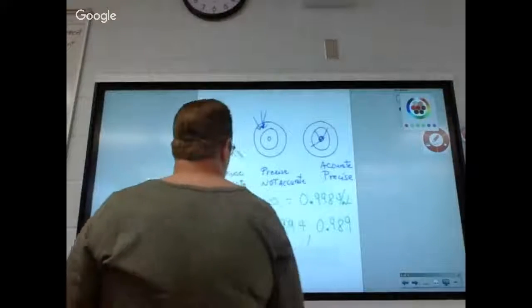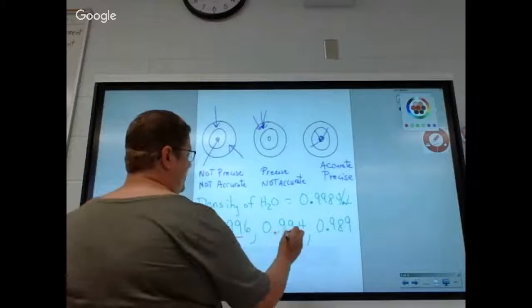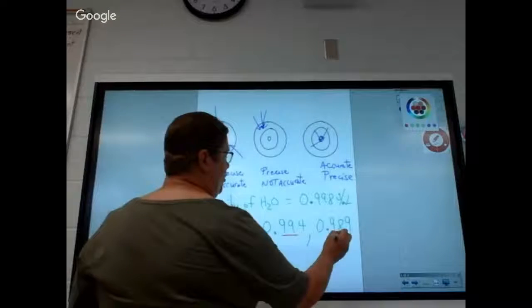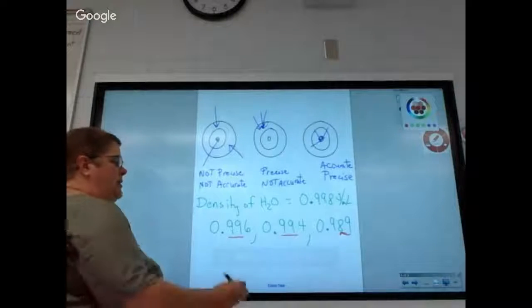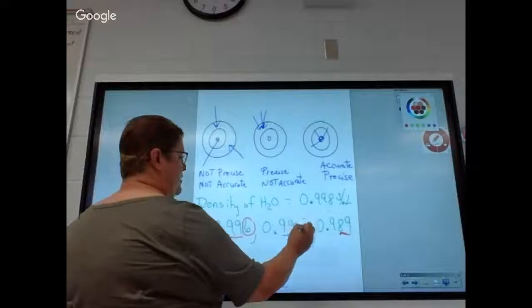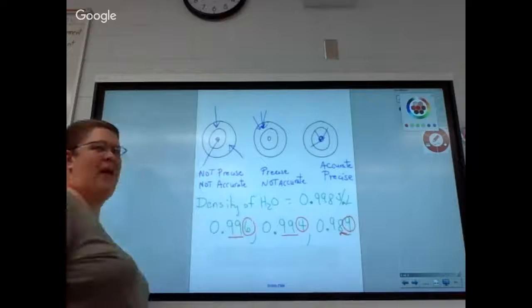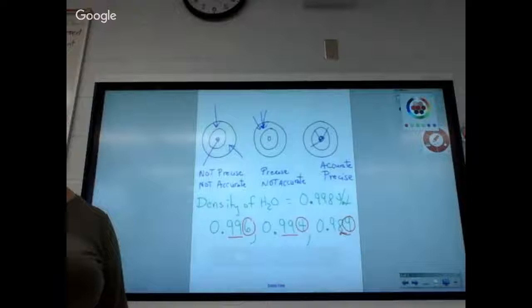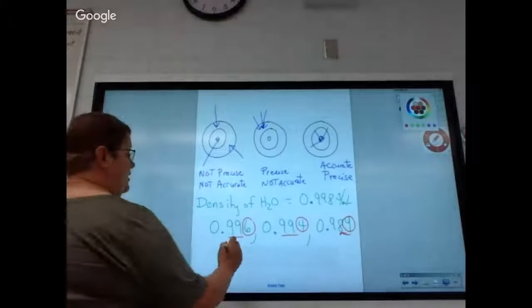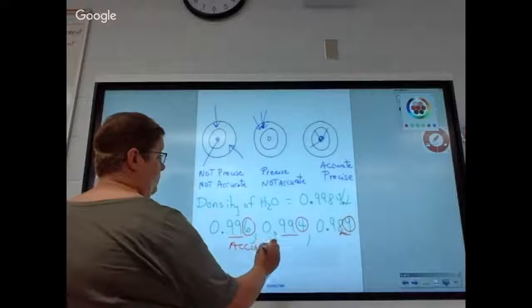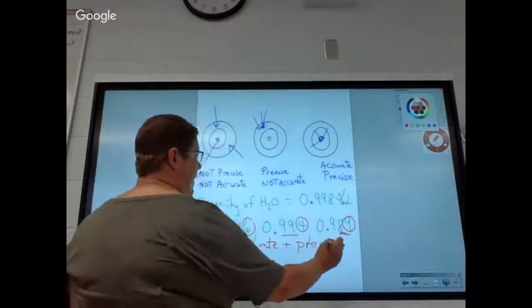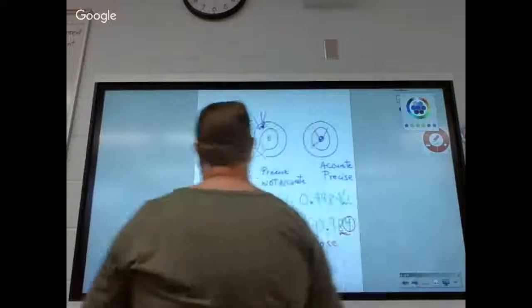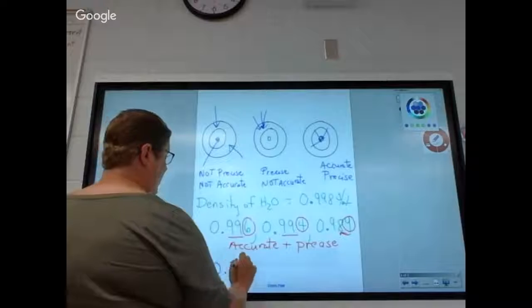This is 0.99, this is 0.99, and this is going to round that up to what? 0.99. Don't let the difference in this place throw you off. That is in the thousandths place in those numbers. The numbers don't all have to be identical. This is accurate and precise.